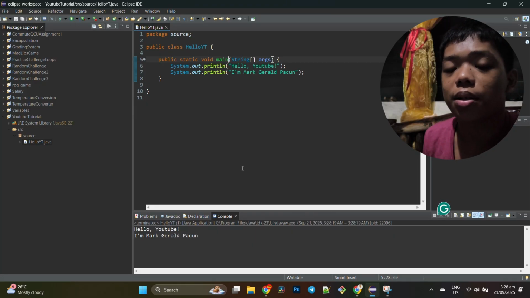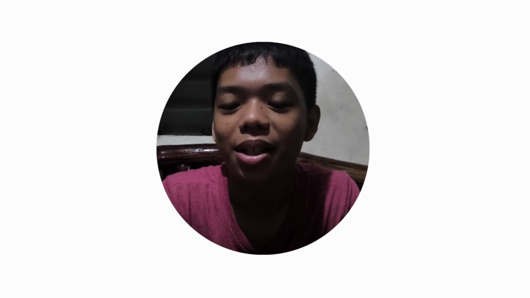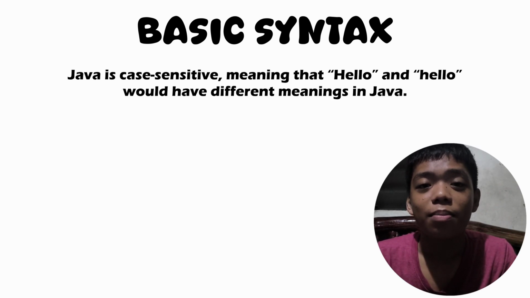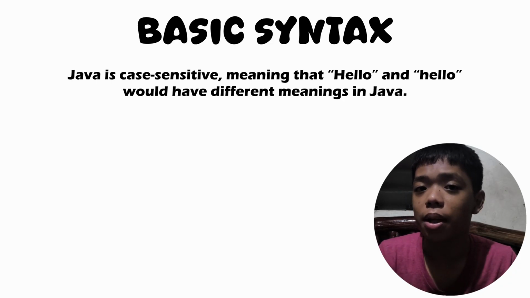Since we've talked about basic syntax, let's go back to our presentation and talk about basic syntax of Java programming. So now that we have tested our code in Eclipse, now I want to talk about basic syntax. So what is basic syntax? Java is case sensitive, meaning that hello and Hello would have different meanings in Java.